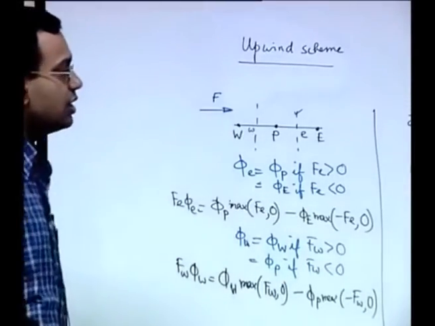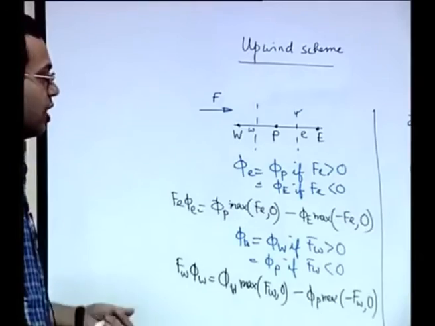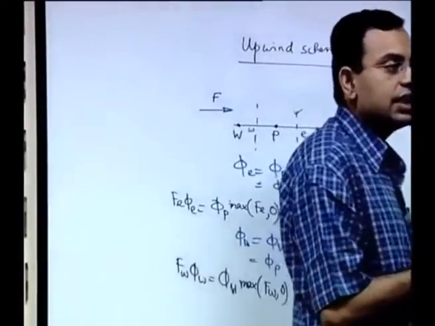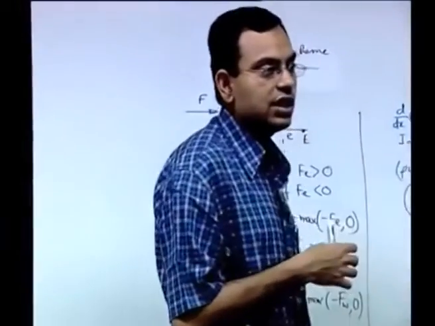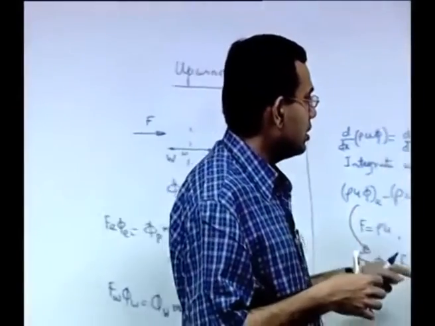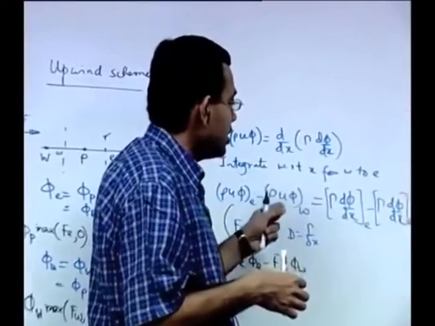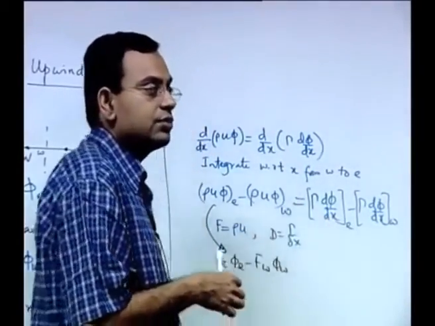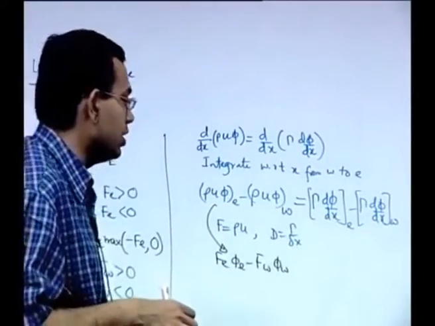So for the diffusion term, we can still maintain the central difference scheme, because that was a scheme where, without the advection term, the diffusion term discretization created no problem with the piecewise linear profile assumption between the grid points.